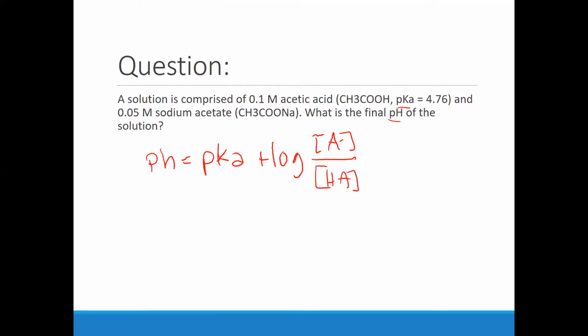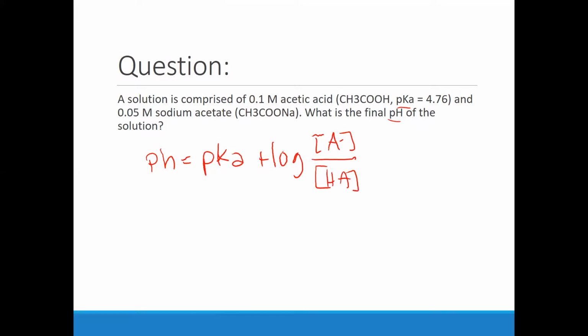And if you want to write this, for example, to help you remember, you can write this like concentration of B over concentration of A. I've also seen it written that way. That's fine. Whatever helps you remember what goes where.